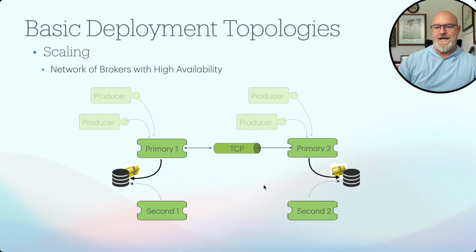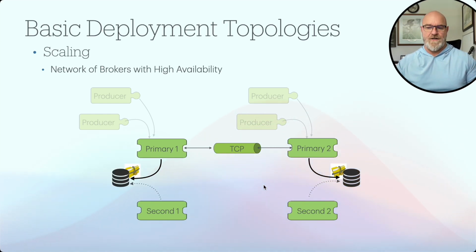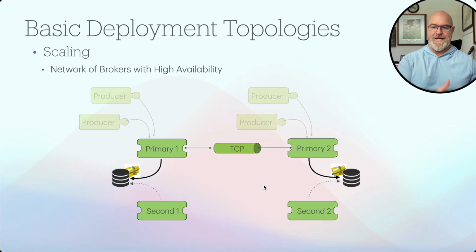So if we start looking at some of the high availability topologies for the brokers themselves. I understand that when we start allowing producers and consumers to attach to other primaries, you do kind of get the concept of high availability, but you're not actually getting true high availability because any messages that were on the primary broker that went down at the time were not, or possibly were not, distributed over to the other broker, which means when the producers and consumers moved over to the other active primary, there were messages missing.